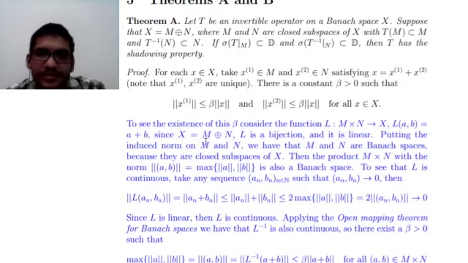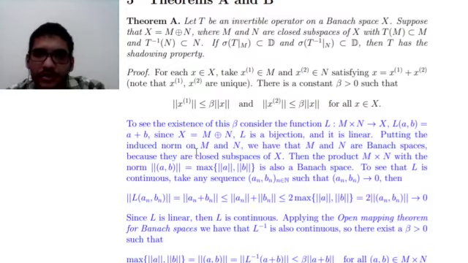Since X is the direct sum of M plus N, L is a bijection and it is linear because of its definition, okay?